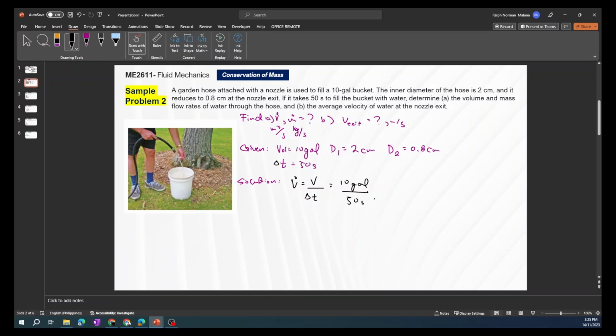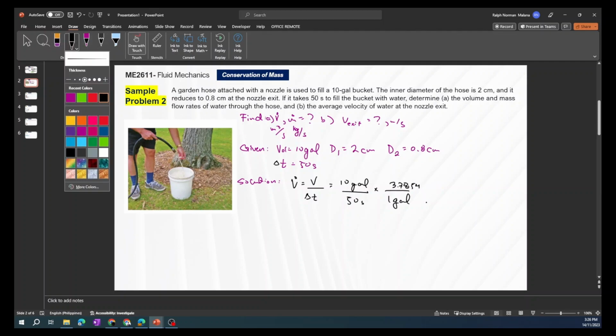Let's just convert gallons into liters, so that's going to be times, 1 gallon is about 3.7854 liters. Let's just write that properly. So liters.